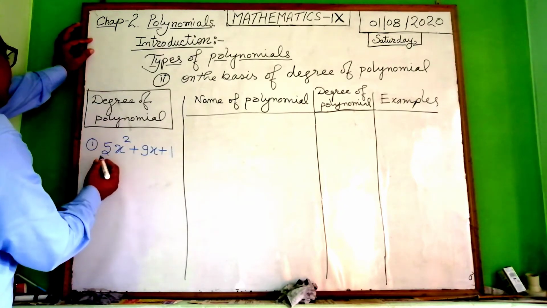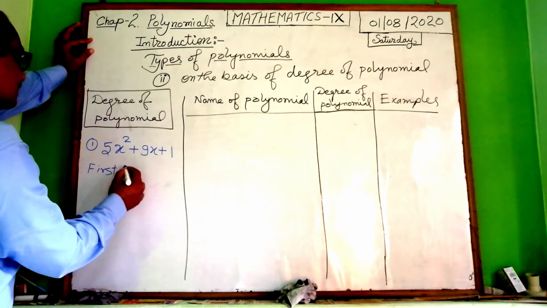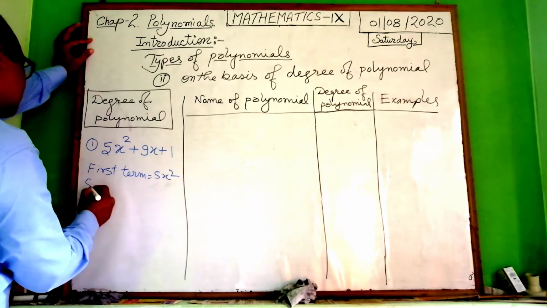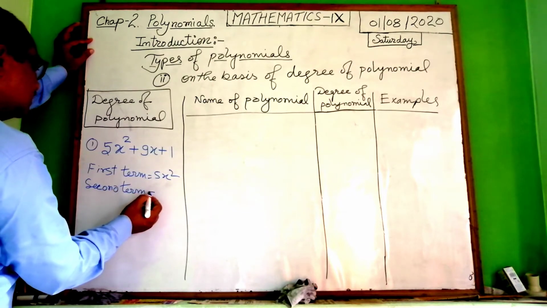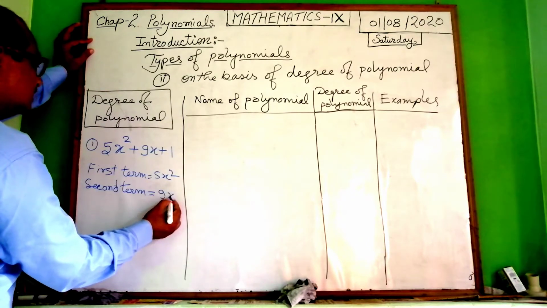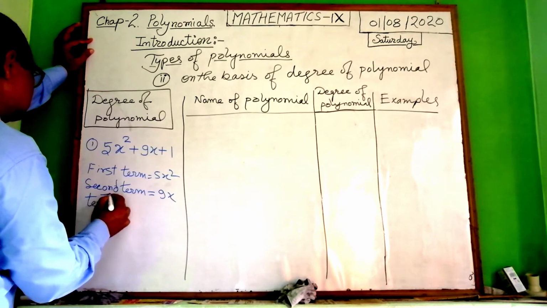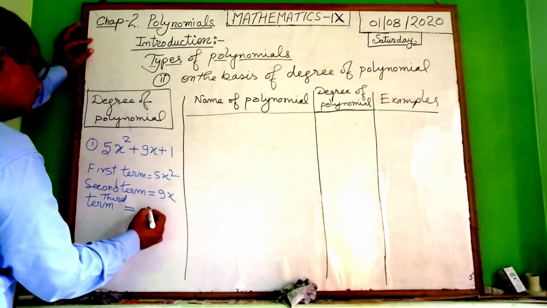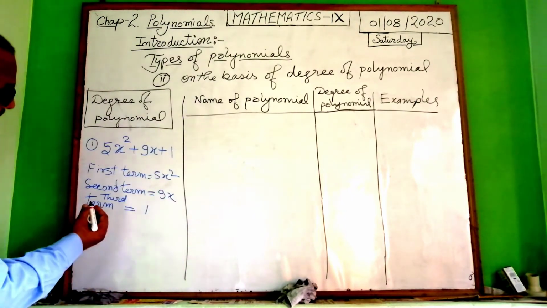But see here, the first term is 5x square, the second term is 9x, and the third term is 1.